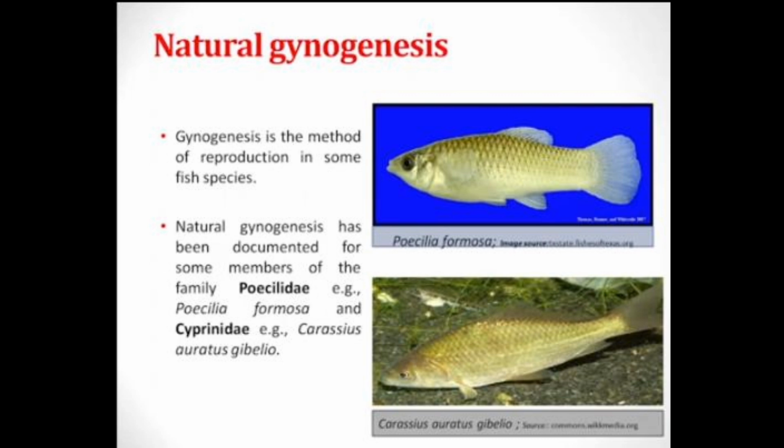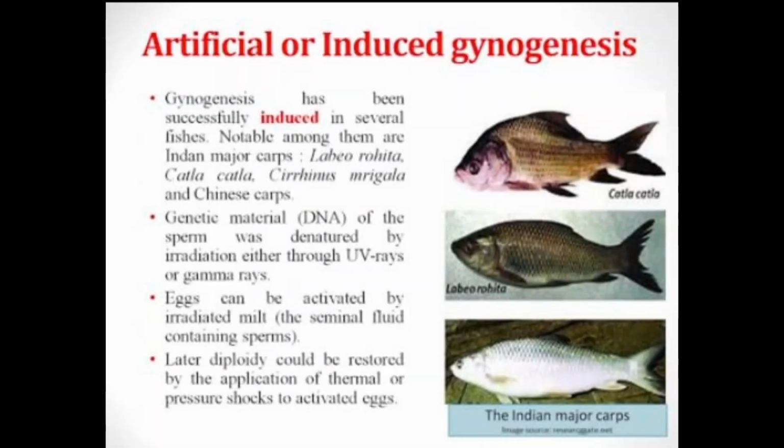So, natural gynogenesis has been documented for some members of the family Poeciliidae fishes, while artificial or induced gynogenesis is a reproductive process where the development of an embryo is artificially initiated using a sperm to activate the egg, but the genetic material from the sperm is excluded or inactivated.